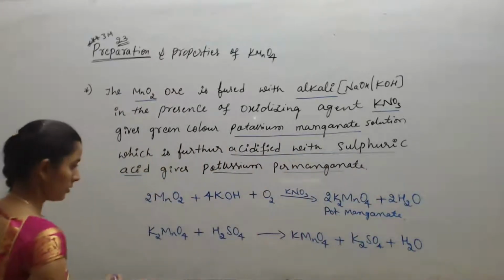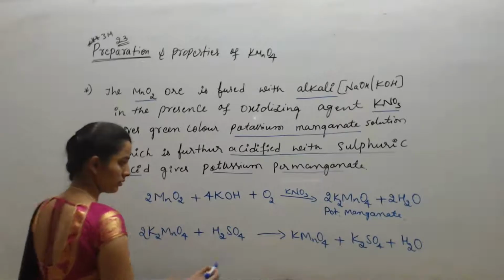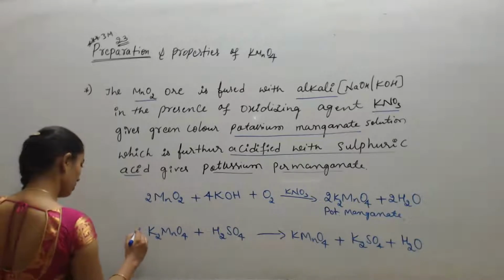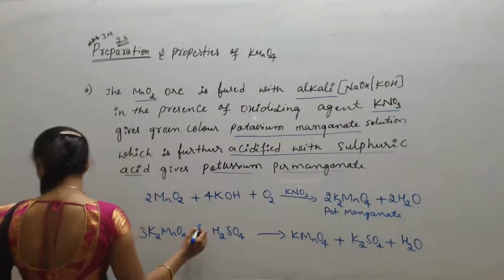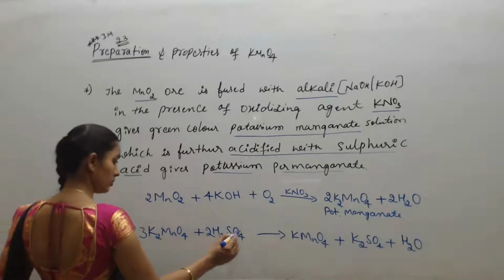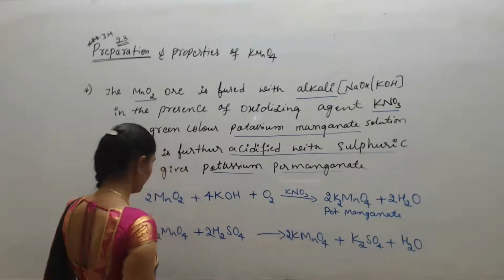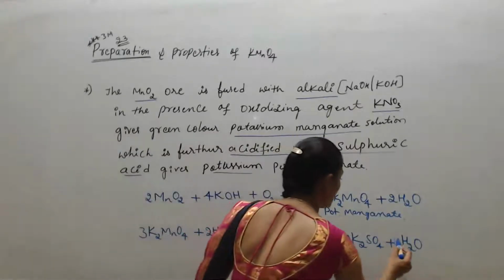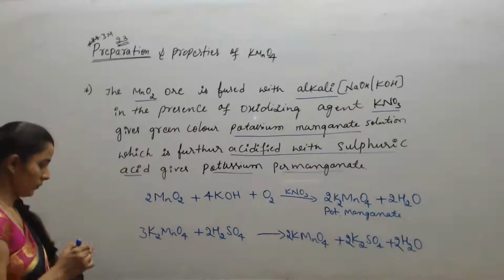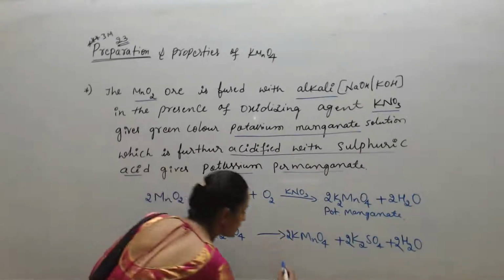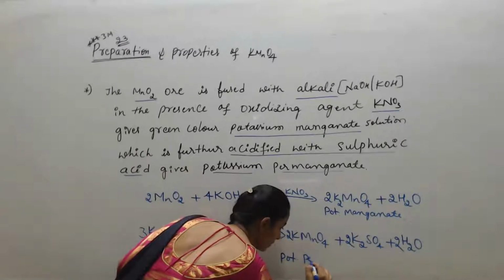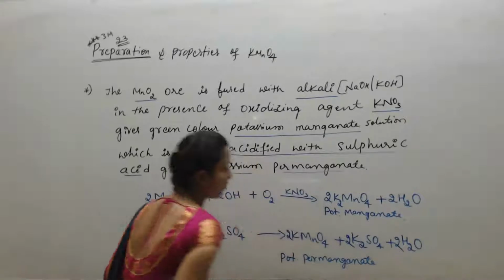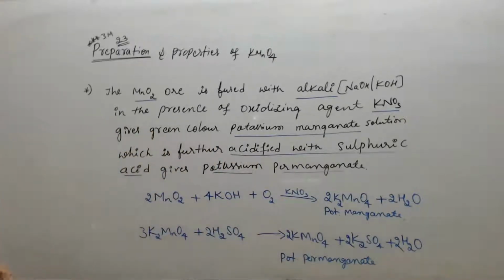Students, here this is 3 moles, this is 2 moles, this is 2 moles, this is 2 moles, and H2O is also 2 moles. This is the reaction, and this one is potassium permanganate.